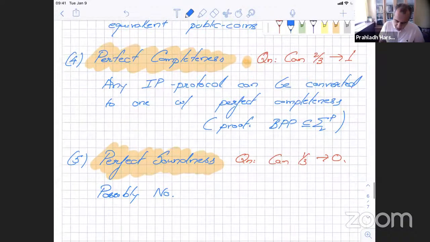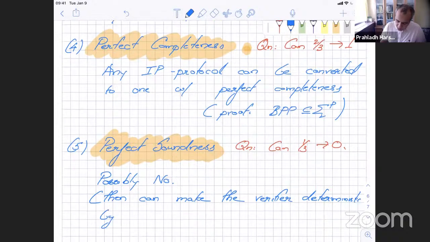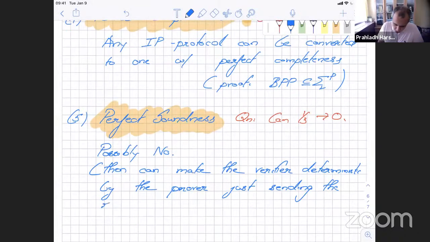Possibly no, then you can make the verifier deterministic by the prover just sending the random coins that cause the verifier to accept in the yes case.